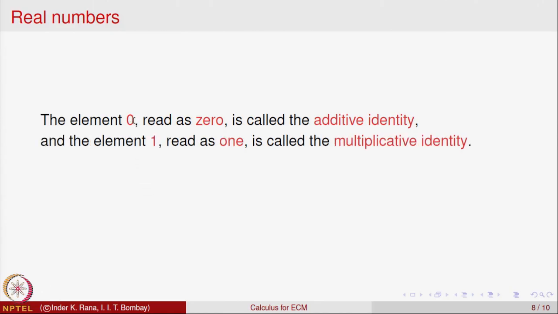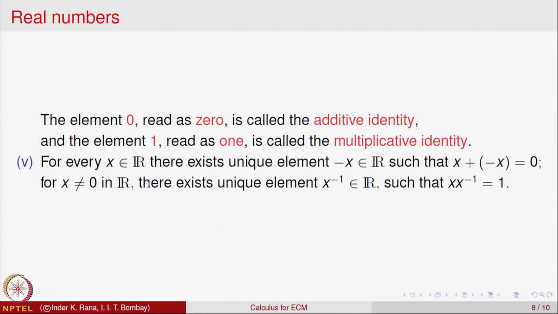That means x plus 0 is x and 1 into x is x for every real number x. And next, what we want to say is that for every element x belonging to R, there is a unique element denoted as minus x.